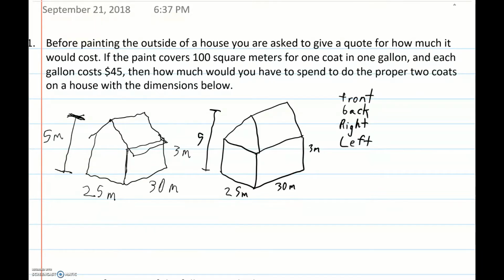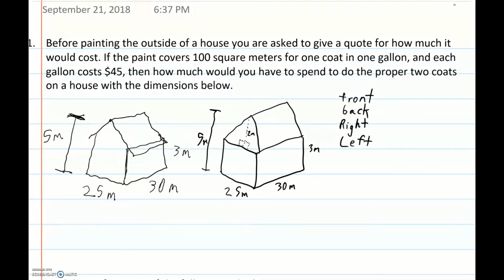Which means that for our triangle, if we're splitting it up into 2 different right angle triangles, that height there is going to be 5 meters minus the 3 meters from before. So a total of 2 meters. I don't know how realistic this house is, I kind of just made it up, but the numbers are good. So 2 meters high for that part.